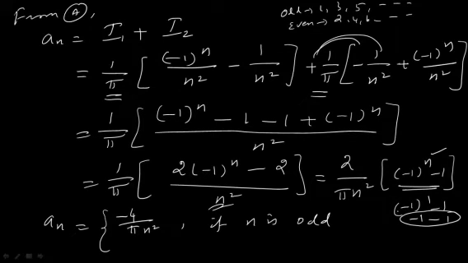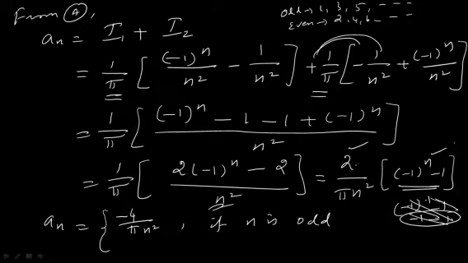Okay, so let me check whether the summation of an exists for all odd values or even values. So for that, let me first substitute n is equal to 1, an odd value. If you substitute n is equal to 1, you get minus 2 for this parenthesis. Multiply by 2, you get minus 4 by pi n square.